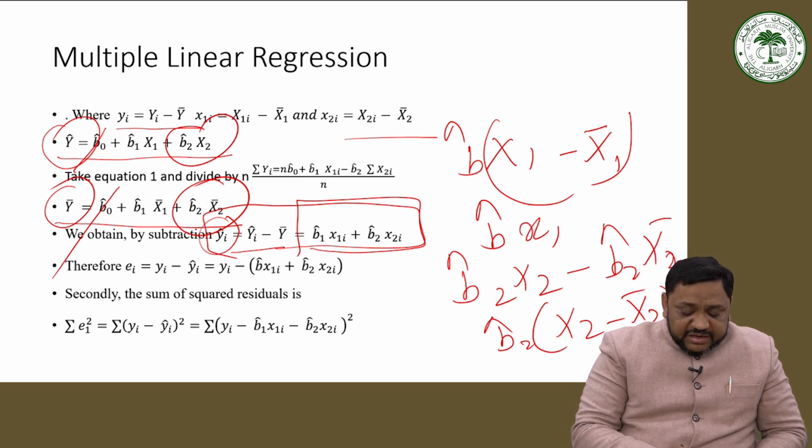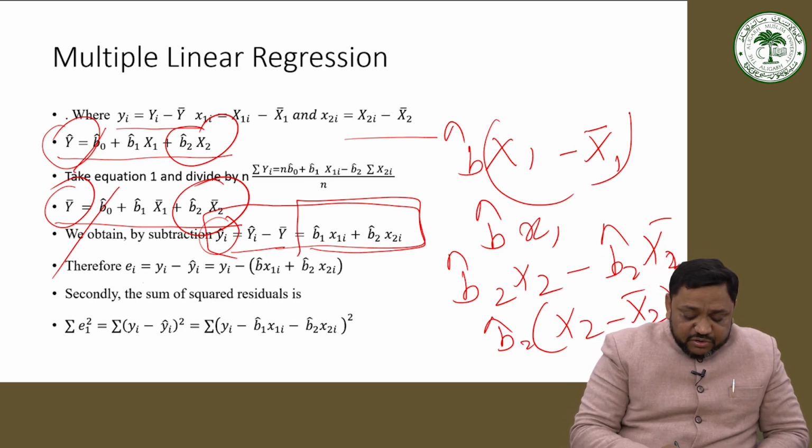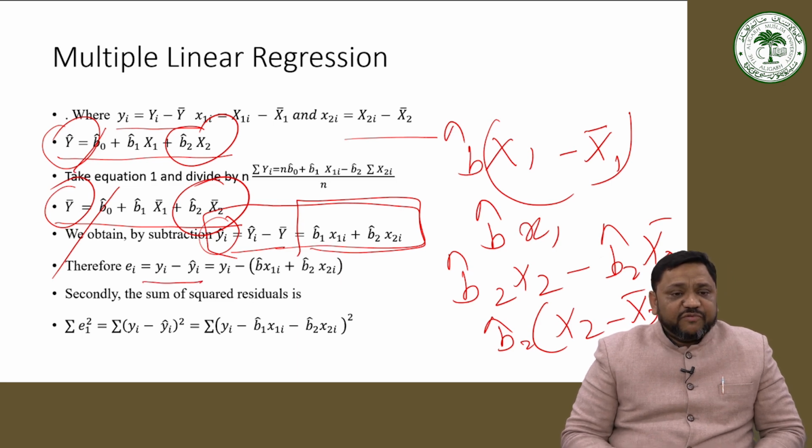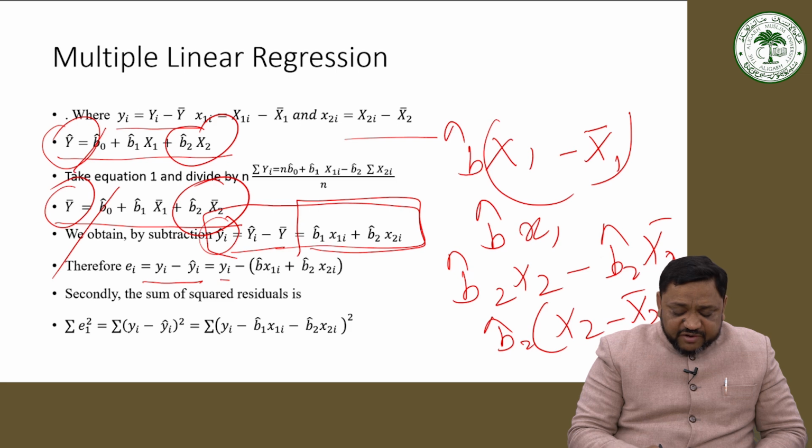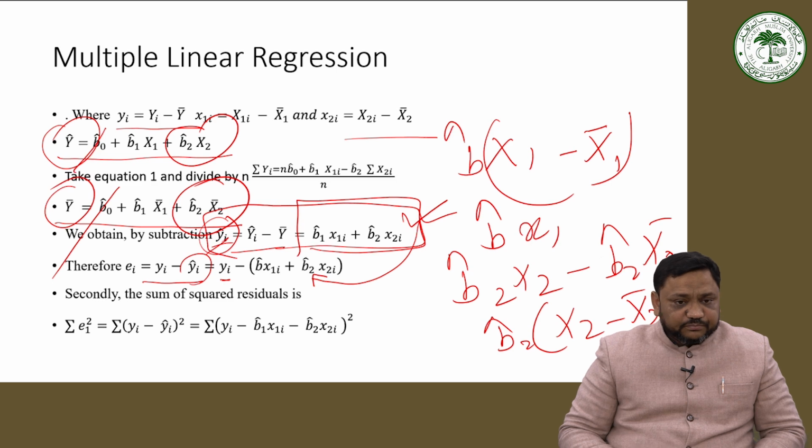Now we have ei, the error term, equal to y minus y hat, in the deviation form. So we write small yi, and the yi hat we have just now derived, we write over here.